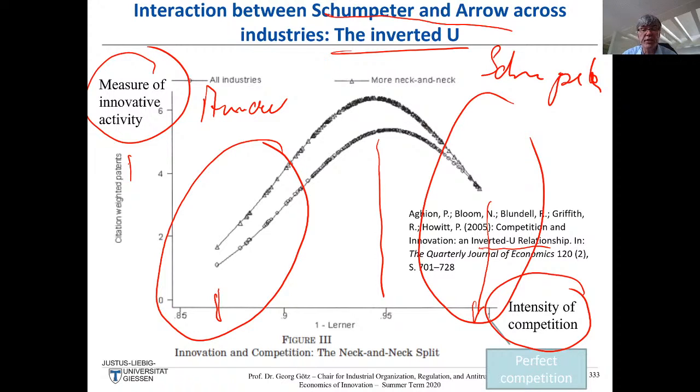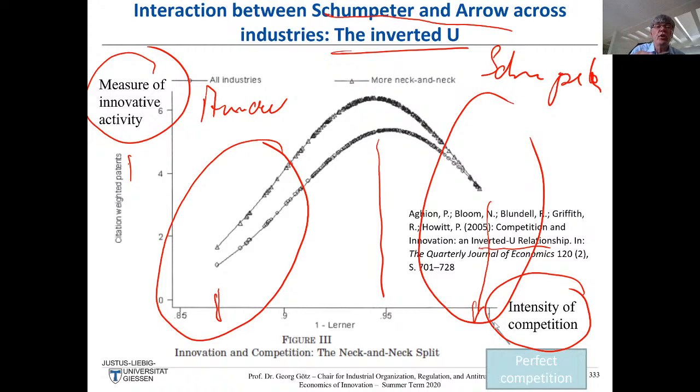So you don't have an incentive to catch up. This is what Aghion et al. call the escape competition effect. So here you don't need to escape competition in a sense, because the others cannot catch up anyway. Okay.